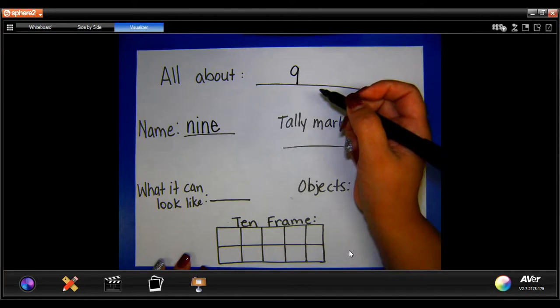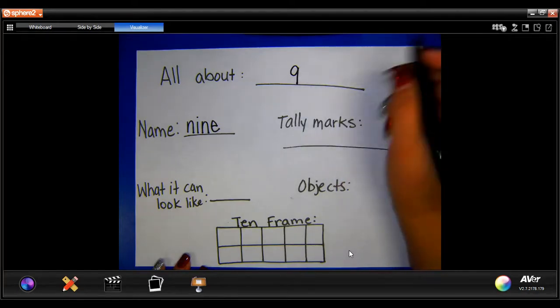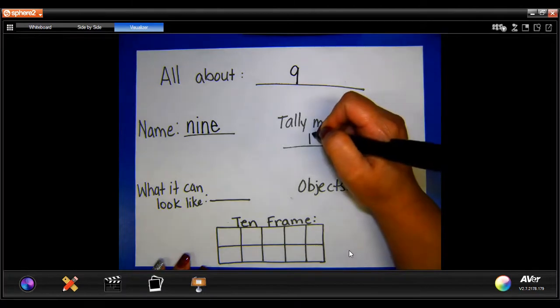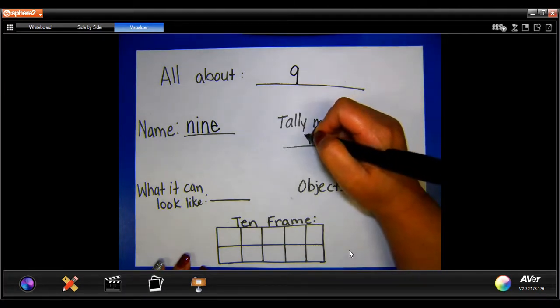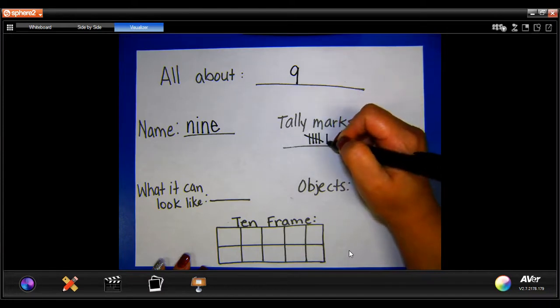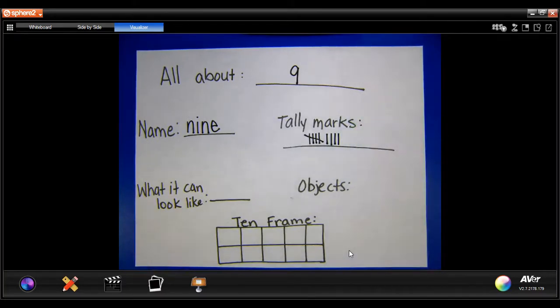Remember, something special happens when we get to 5. So we have to do 9 tally marks. So 1, 2, 3, 4, 5, 6, 7, 8, and 9. Good job.